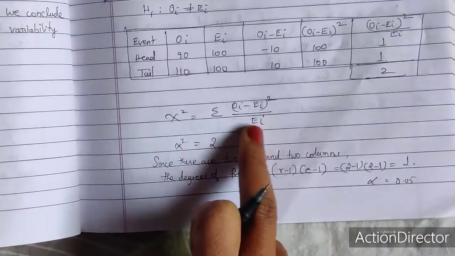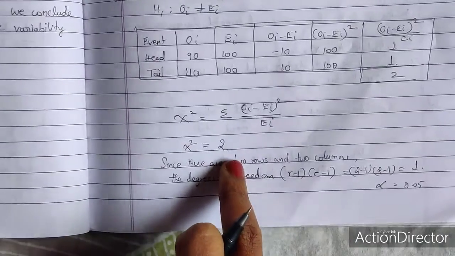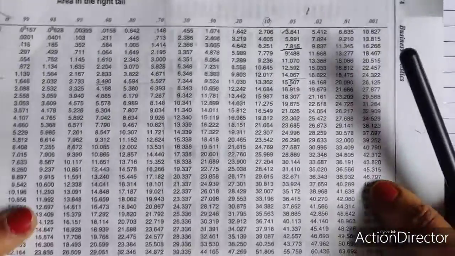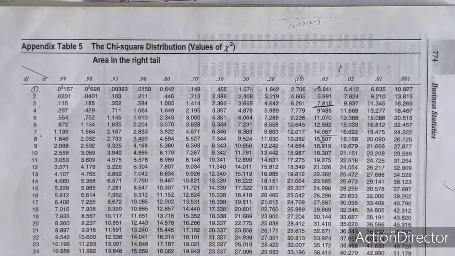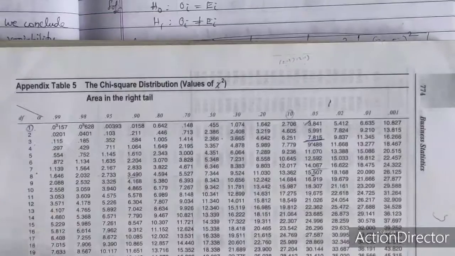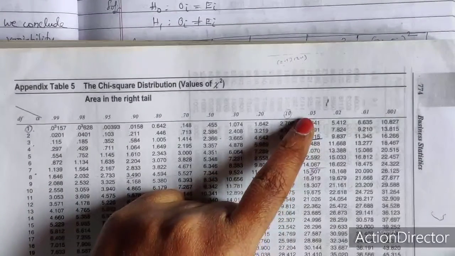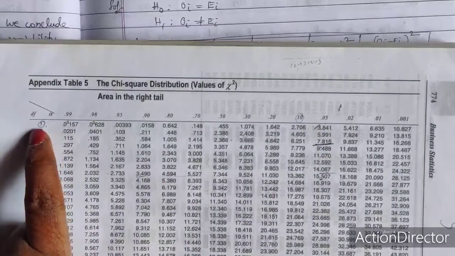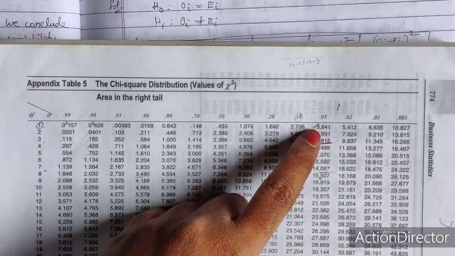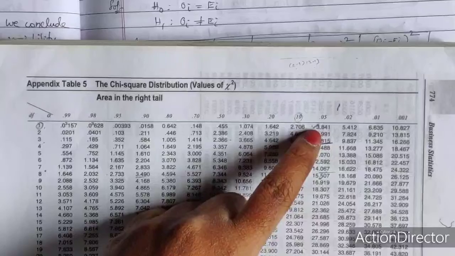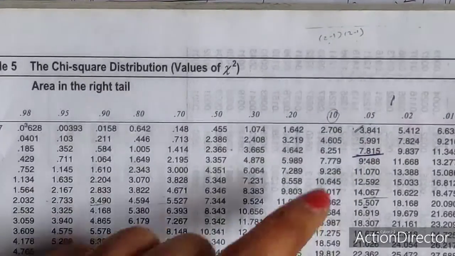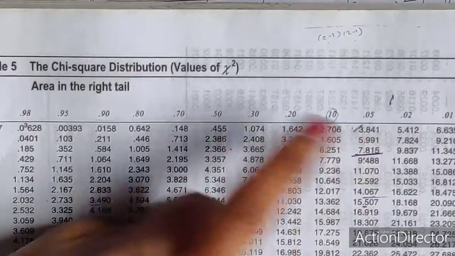This is the calculated value, and we have to compare it with the table value. For that we use the chi-square distribution table. Here the level of significance is 5%, that is 0.05, and the degrees of freedom is 1. We get the result 3.841. The required table value is 3.841.